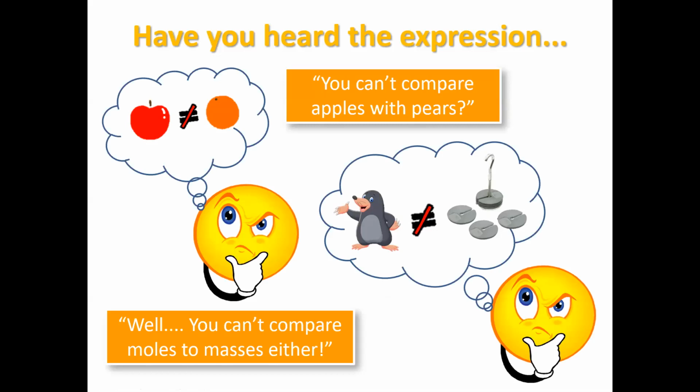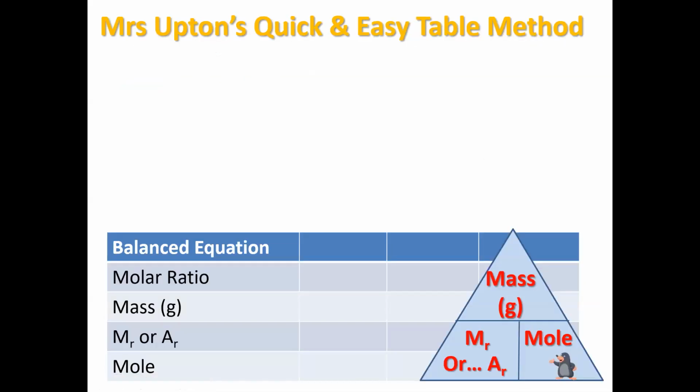That way you separate out all the quantities, all the data that you're dealing with, and there's no confusion when you come to input your data into your formula triangles. So this is my quick and easy table method. Now there are other ways of completing these, and if you use your revision guide or your textbook, they will show alternative methods, but I find this is so much easier and quicker.